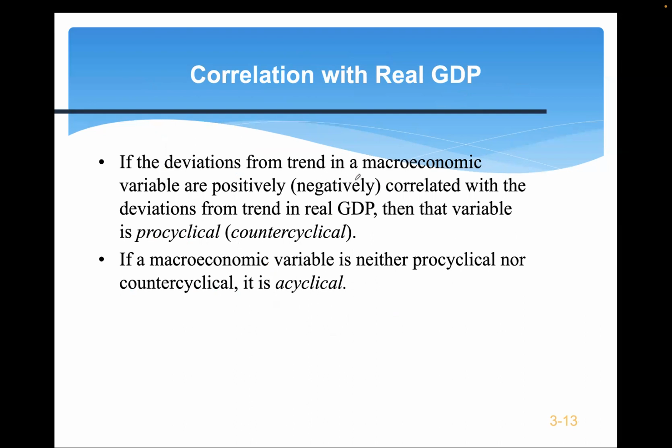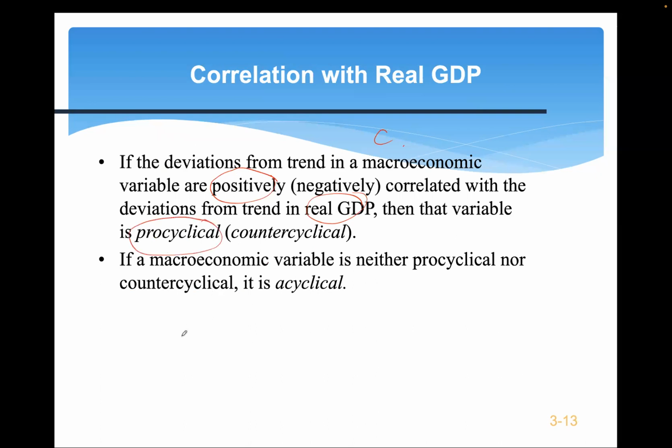So for any particular macro variable, say for example consumption, if it is positively correlated with deviation from trend of real GDP, then usually we call this pro-cyclical.